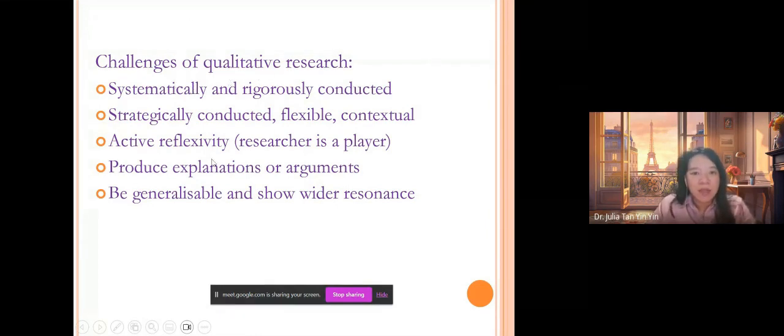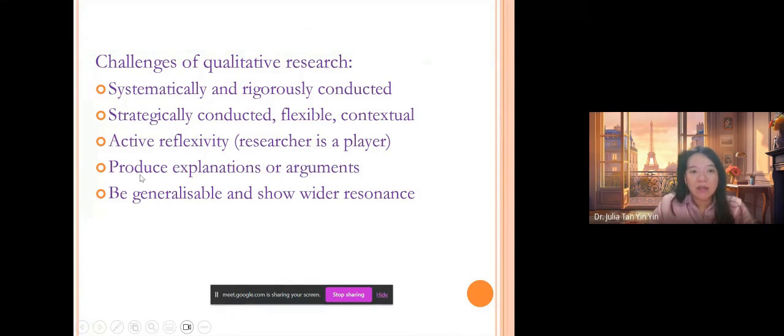Secondly, it is flexible and also contextual. And we as researchers are one of the players in this method, because we have to be actively involved inside.